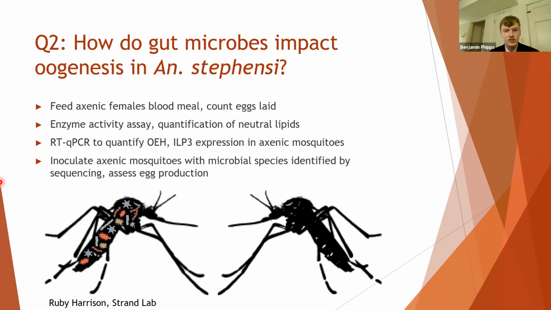And then to determine whether specific microbial species are key players in egg production, I will inoculate axenic mosquitoes with individual microbial species that we've previously identified by sequencing and characterizing microbial community composition, and assess egg production in these gnotobiotic females, or females with defined microbial communities.